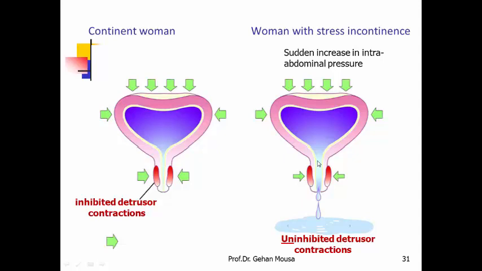But here there is an increase in intra-abdominal pressure with disturbance of bladder contraction, resulting in inability to store the urine inside the bladder, leading to incontinence or involuntary evacuation of urine.